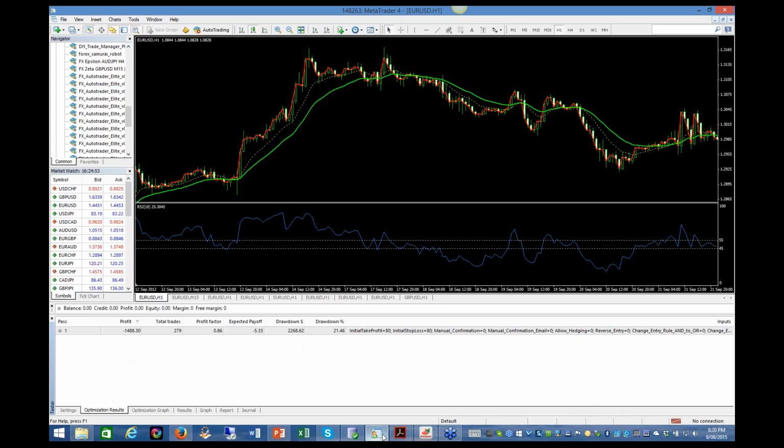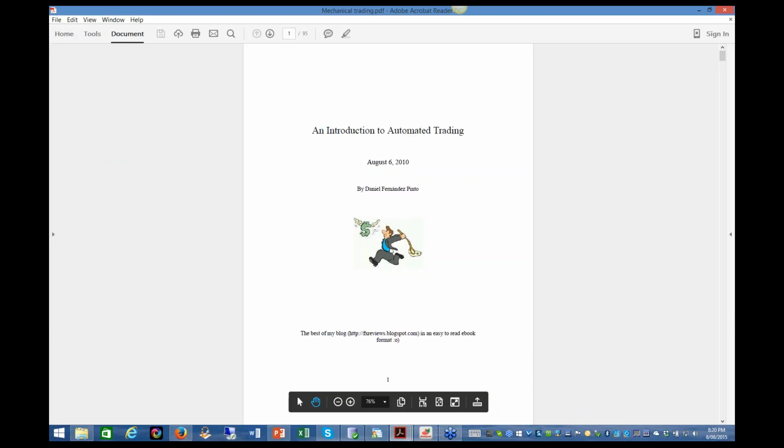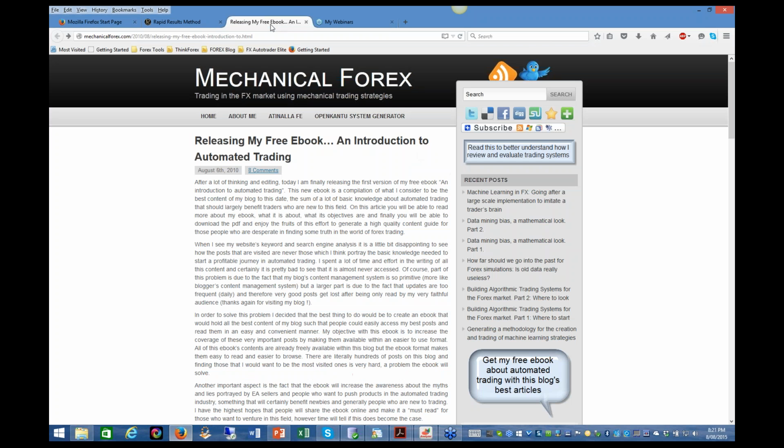And while that's going, I wanted to share with you another article that I think is really useful for us as traders. It's an introduction to automated trading. Perhaps I should show you the website first. This is a website called Mechanical Forex.